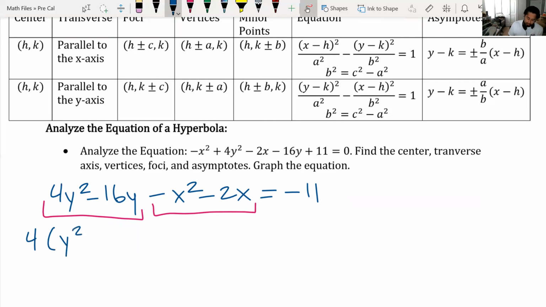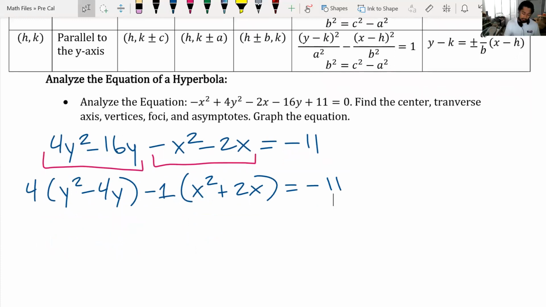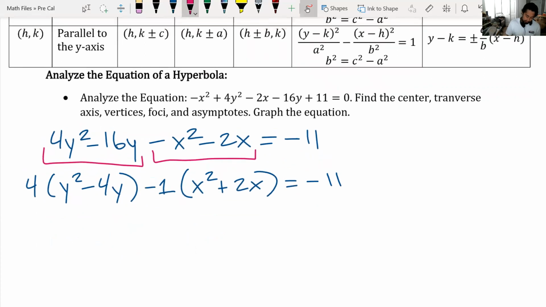Which will leave me with y squared minus 4y. On negative x squared minus 2x, we're going to take out a negative 1, which will leave me with x squared plus 2x. All right. We have now put this in the proper form because the leading coefficient of both inside polynomials is 1, which means we can now complete the square.